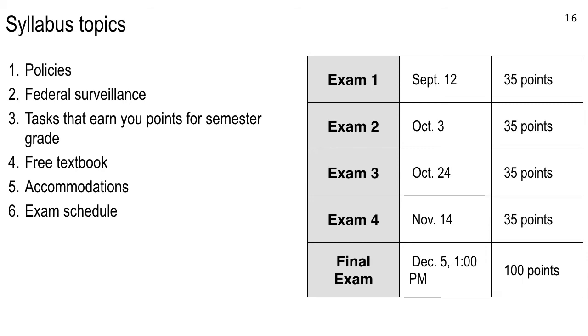I'll correct this before I upload it to YouTube. Anyway, the exams. It's December 5th at 1 o'clock, correct? Yeah, what did I say? December 9th. No, December 9th is a Saturday. So December 5th. Whatever it says on the syllabus is good.